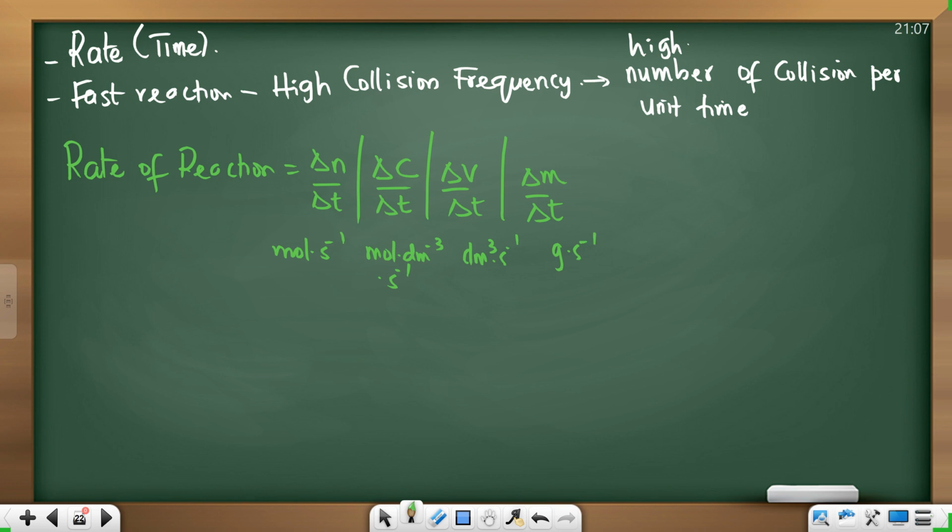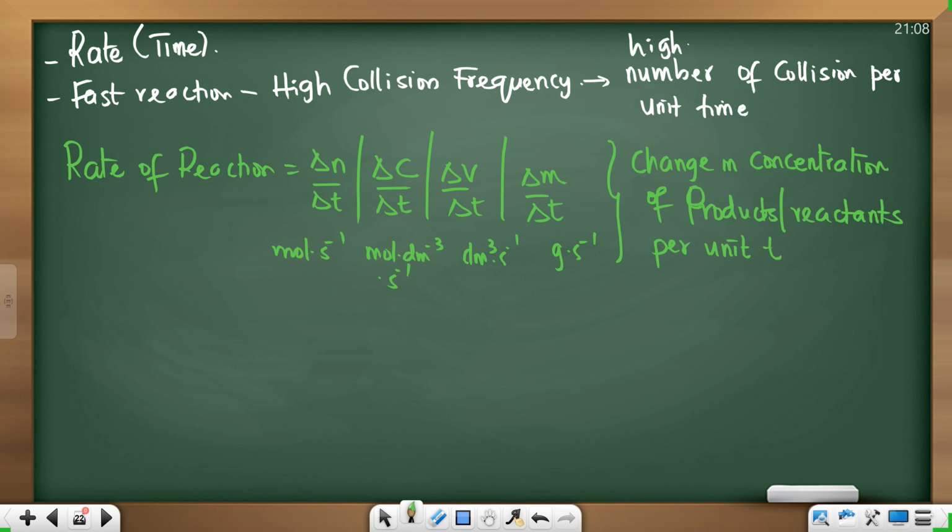Grams. So everything has to do with rate. So we can say it is the change in concentration of products or reactants per unit time. Lovely. Thank you.